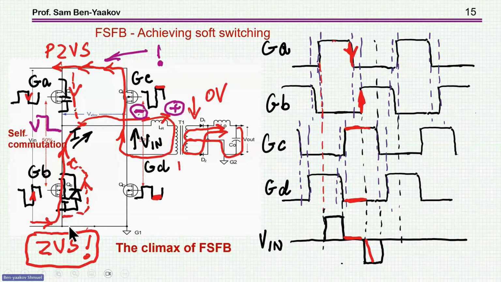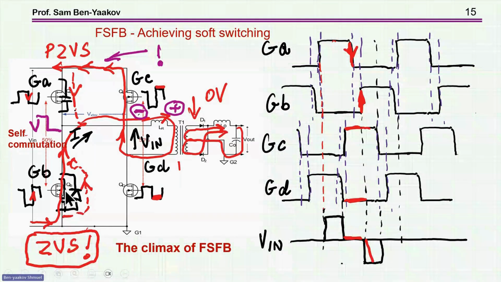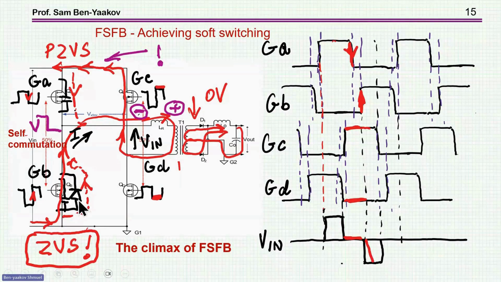So therefore, the diode now is conducting eventually, and I can turn on this transistor under zero voltage switching. So I've eliminated the hard switching here that I've shown earlier because I've reversed the current.